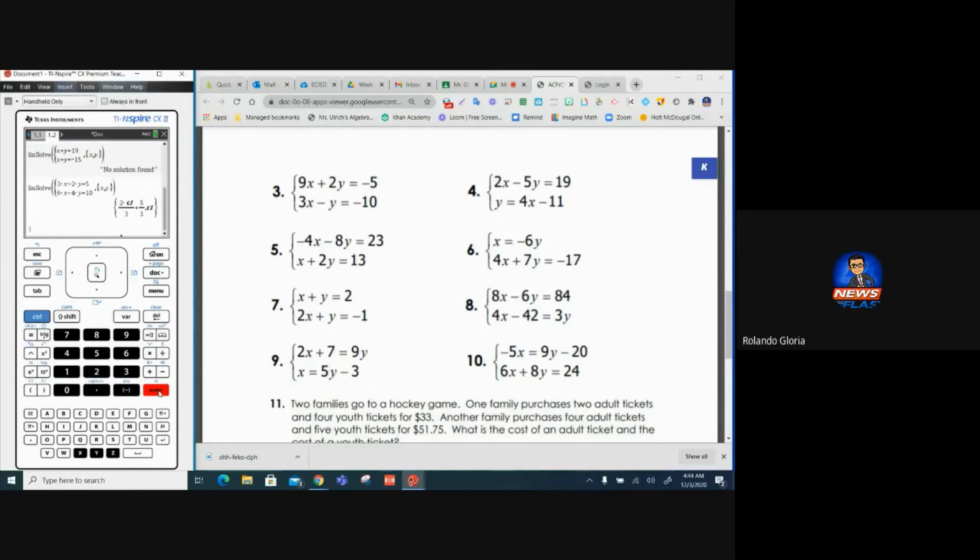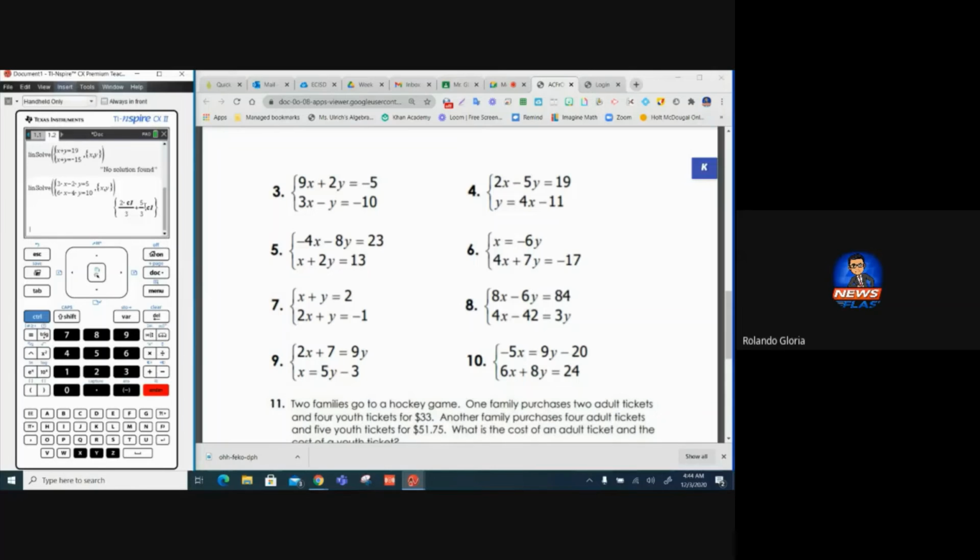Hit enter, and boom, it gives you some type of weird solution, you know, the c1. When it comes to that, your answer will be infinitely many solutions. When you graph these, the two lines will be on top of each other, the same line. No solution means parallel lines. When it comes to a solution like this in the calculator, it's the same line.